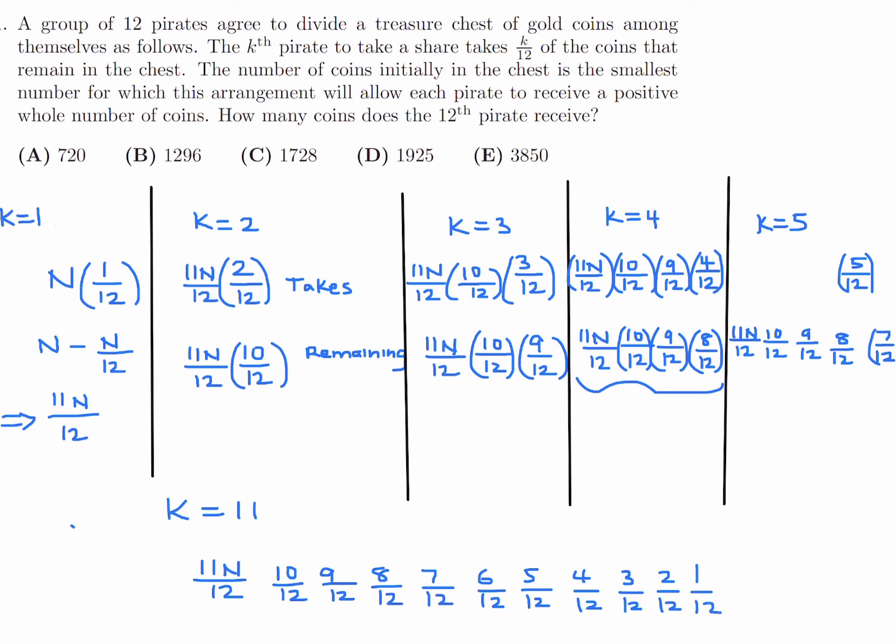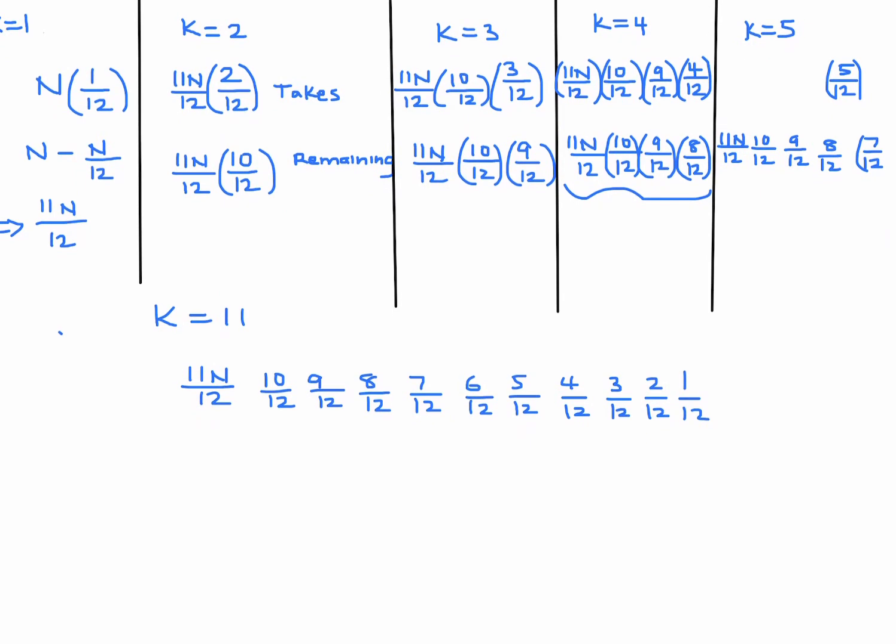And since this is what's remaining, this is what the 12th pirate gets, because the 12th pirate gets 12 over 12, which is 1, of this. So this doesn't need to be broken down anymore. He's basically going to get 12 over 12. So if you really want to put it in, you can say he gets 12 over 12 of this, and that would be the amount that the 12th pirate gets.